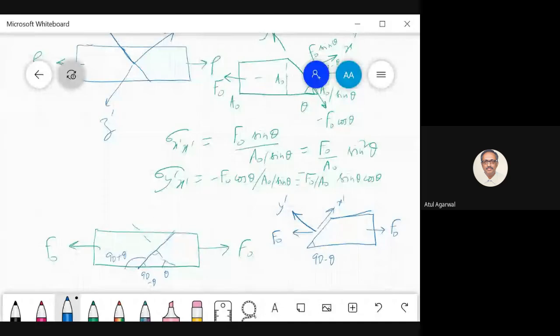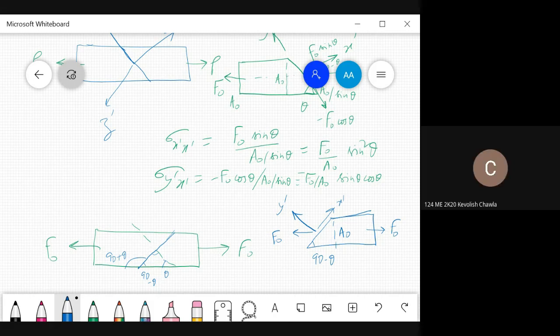Anything wrong? No, sir. So if this area is A naught, what is this area? A naught by cos theta.